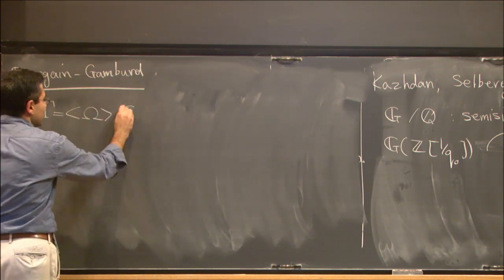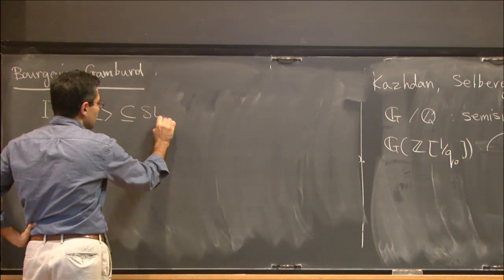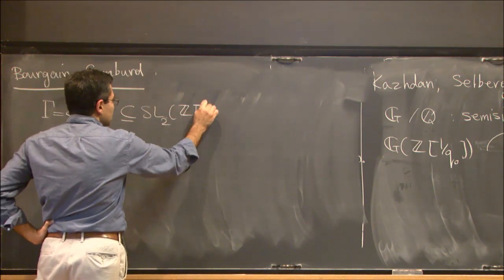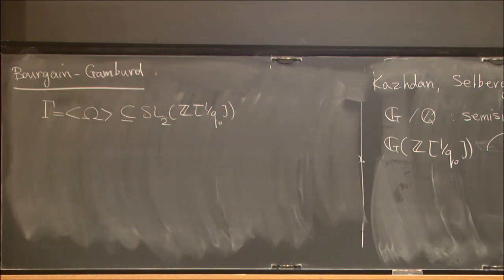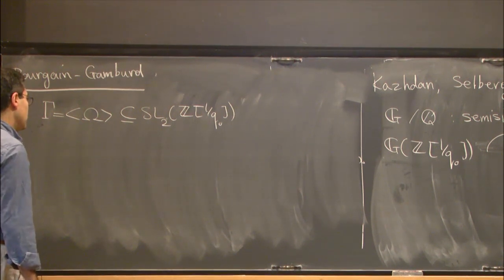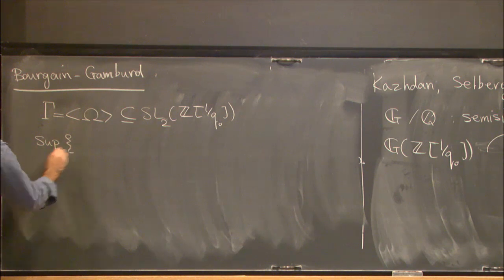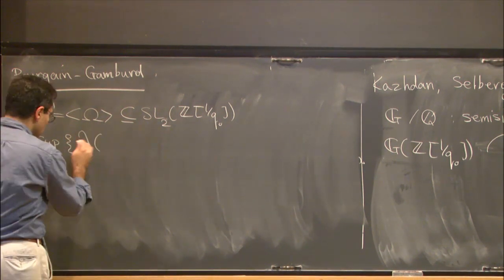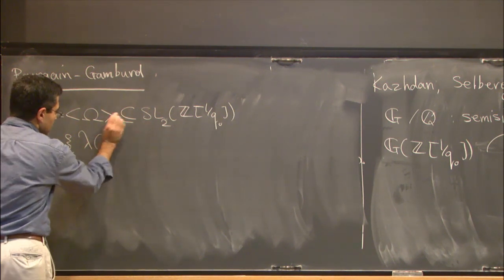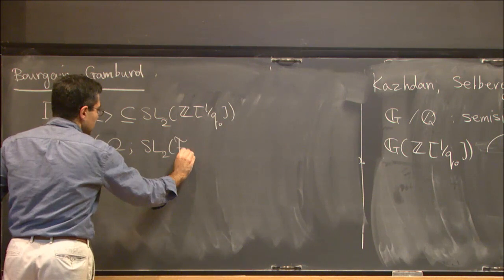So if you start with a finitely generated subgroup of SL_2(Q), so again, it's inside SL_2(Z[1/Q naught]), then they get a uniform spectral gap on the finite quotients of Omega and SL_2(F_p)s.